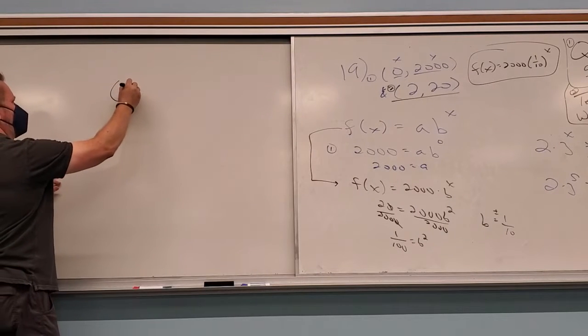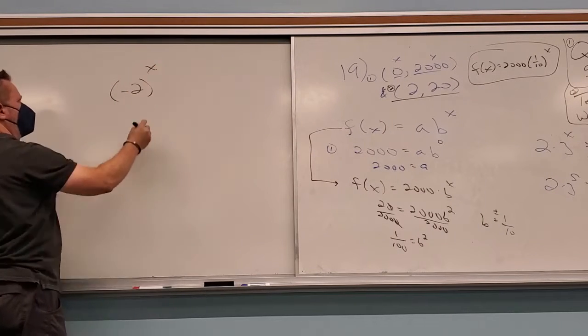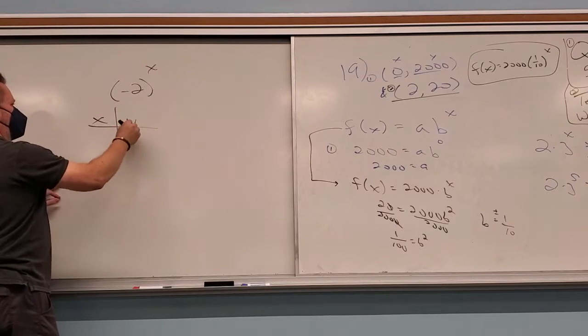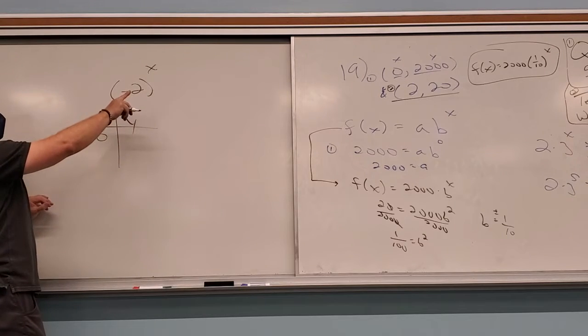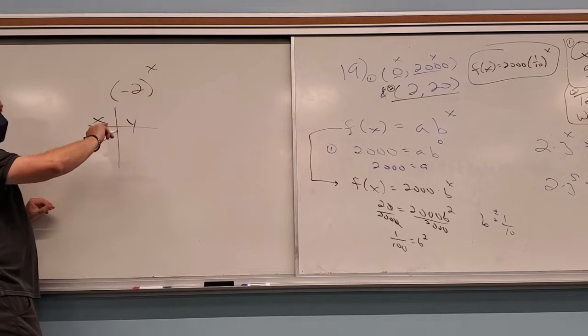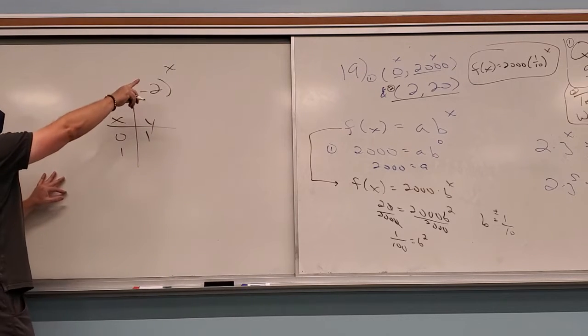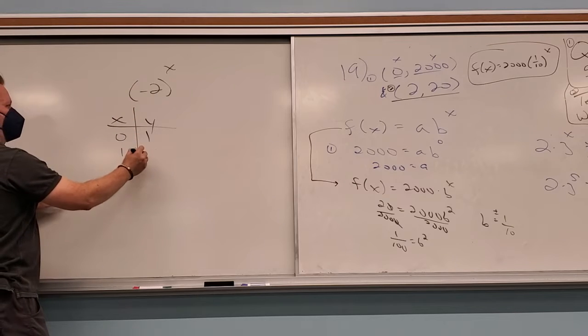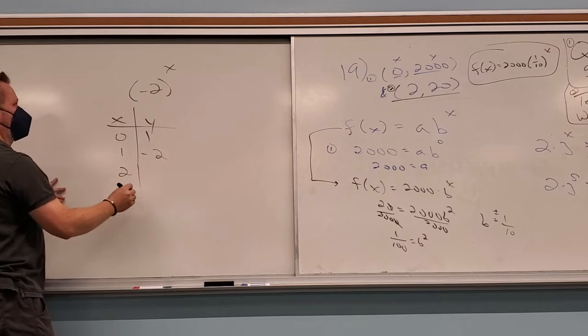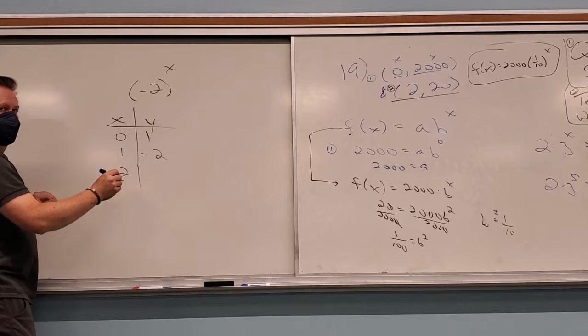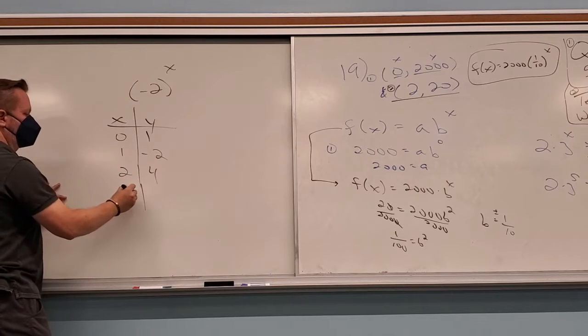If the base is negative, what do I get when I put a 0 in there? Still 1, right? Beautiful. I didn't use 0 powers 1. What do I get when I put a 1 in there? Negative 2. What do I get when I put a 2 in there? Positive 4. 3.